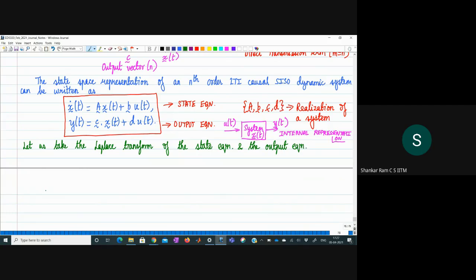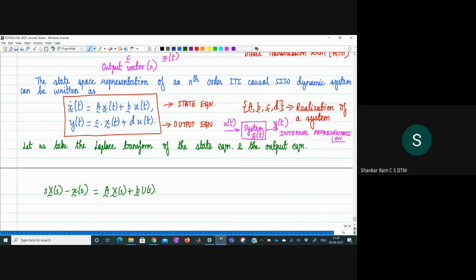If you take the Laplace transform, the Laplace transform of x dot will be s times X(s) minus x0. That is going to be equal to A times capital X(s) plus B times U(s). So that's what we have.